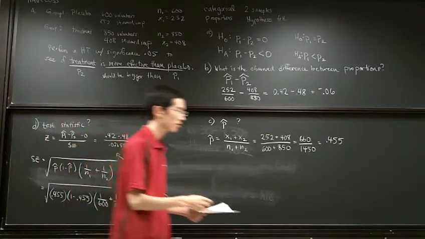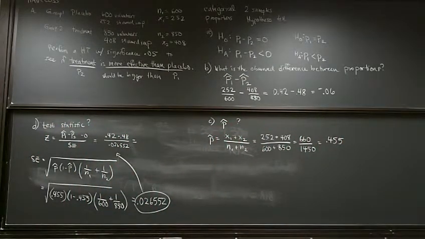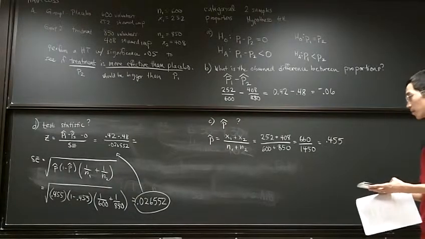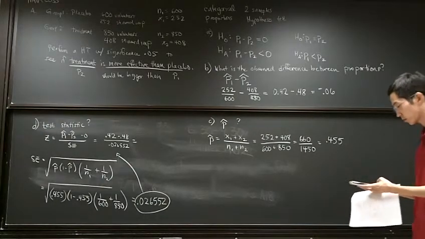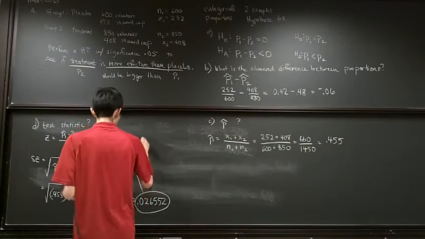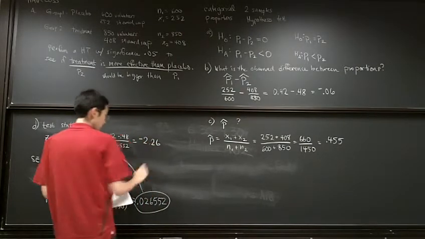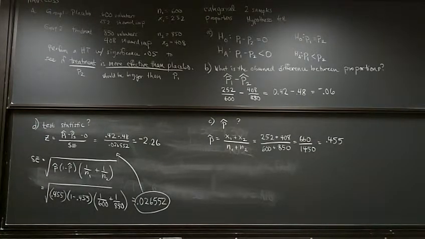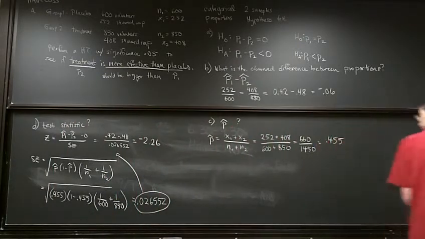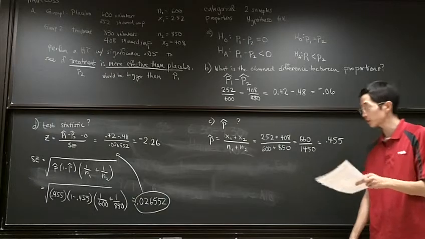So I get negative 0.06 divided by that thing, and I get negative 2.26. Okay, so that's my z-score. My test statistic is negative 2.26.